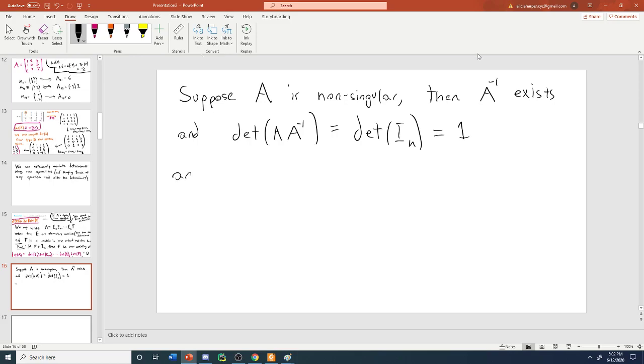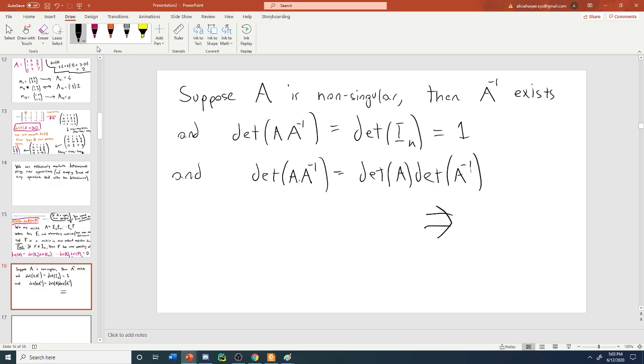And the determinant of A times A inverse is equal to the determinant of A times the determinant of A inverse. If you combine these two lines, it follows that the determinant of A is not equal to 0.